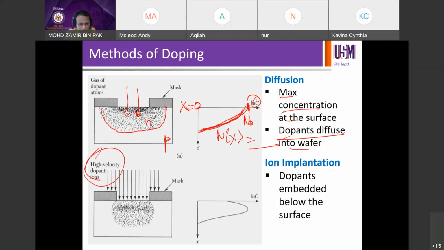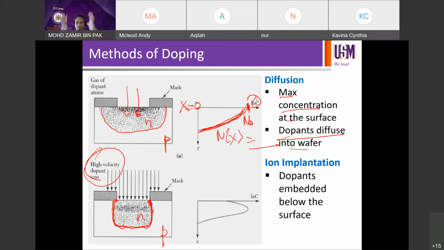You can see the distribution of the profile of the implanted junction, p-type, n-type. It is more in control, more of a square shape, if you like. You have better control over the profile. It's not as distributed as what you can see for diffusion.